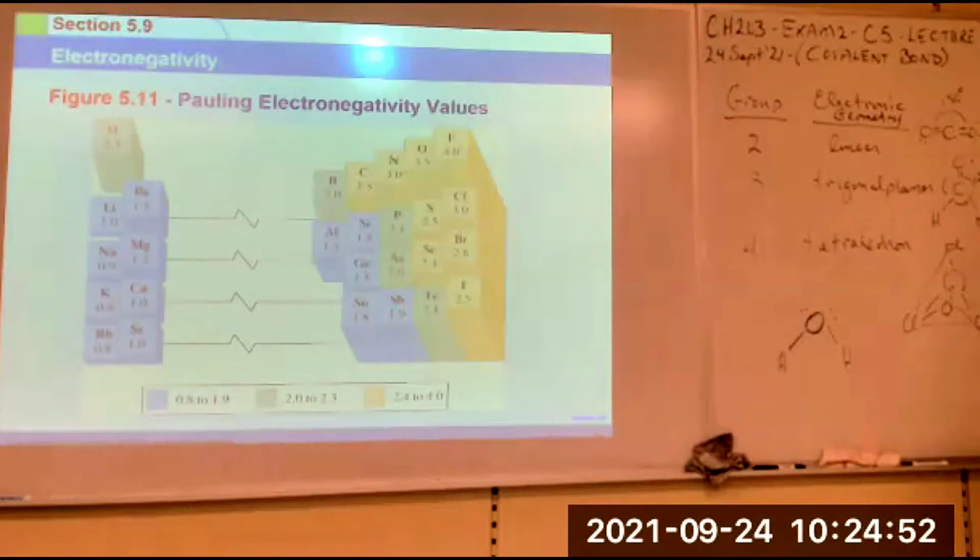There are several ways to determine electronegativity quantitatively, but this is the most common one, developed by Linus Pauling. And notice fluorine has the highest one, and then you decrease from here down to here.